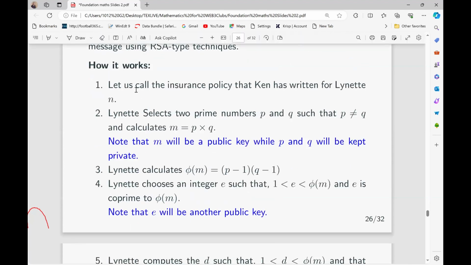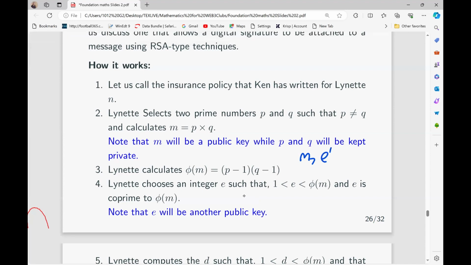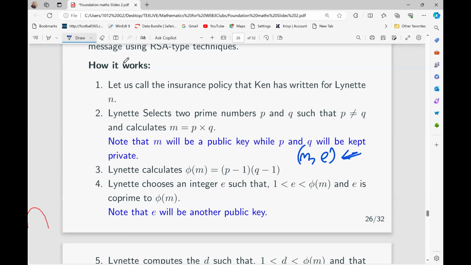After Lynette has done that, she has to publicize the public key, which is M and E. Remember, this is what the broker will be using to encrypt. And remember the D, she has to calculate the D, which we said is supposed to decrypt.